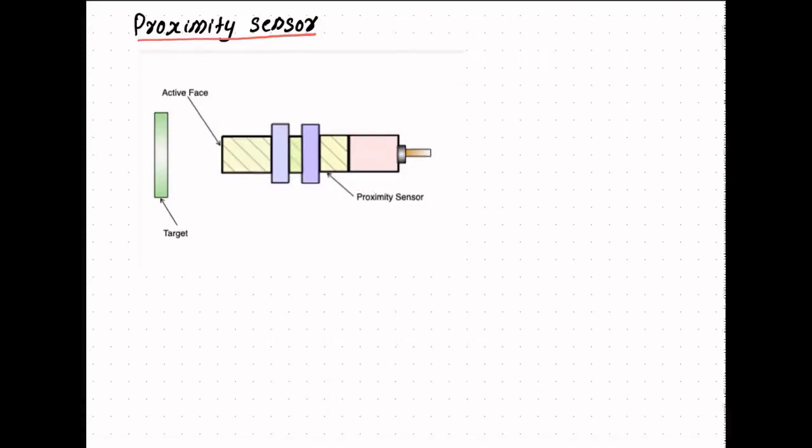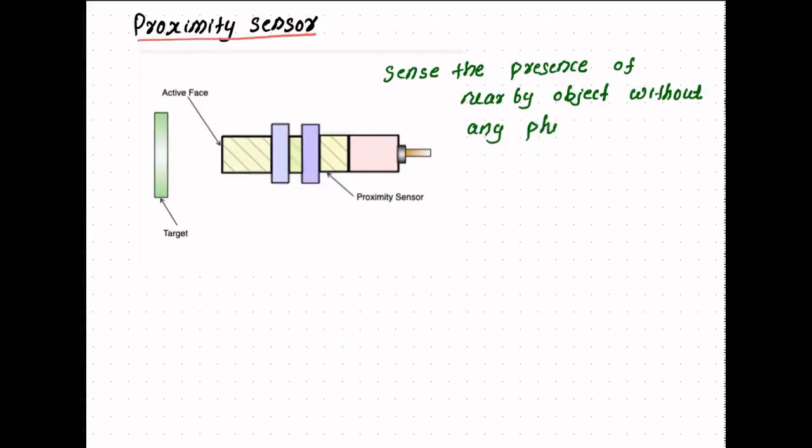The figure gives a schematic representation of a proximity sensor. The proximity sensor has an active face. So this active face senses the presence or absence of the target. Usually the sensing mechanism is placed very close to this active face.